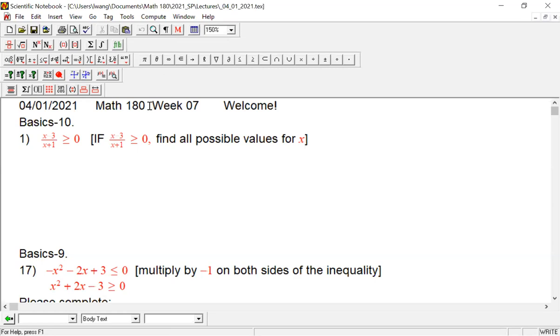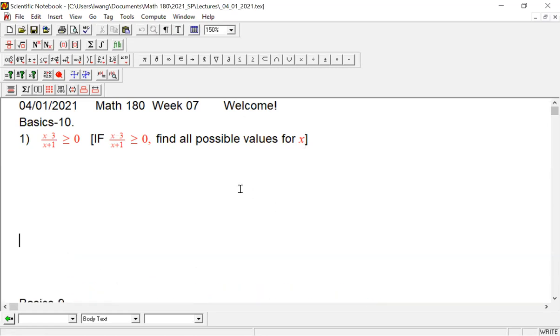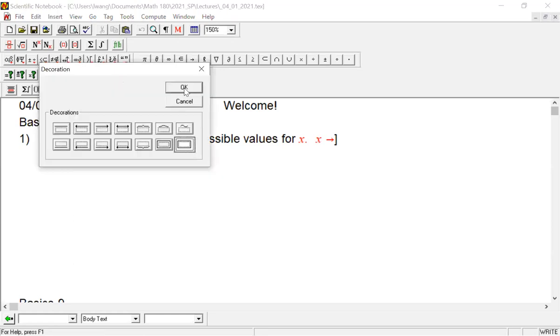Before I work this out, I also want to give you the function perspective. Of course, this time this rule is not a quadratic. This rule is still a function.